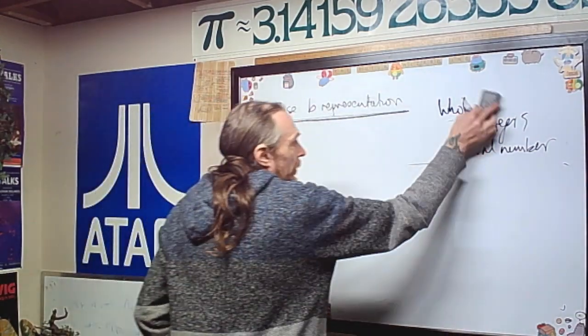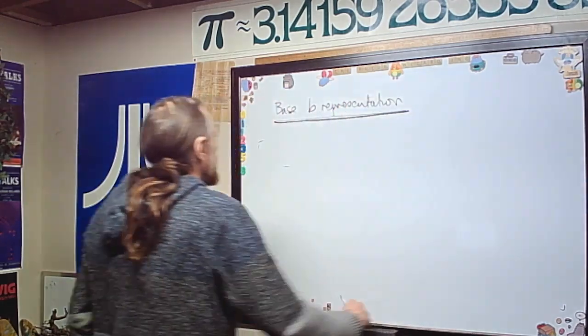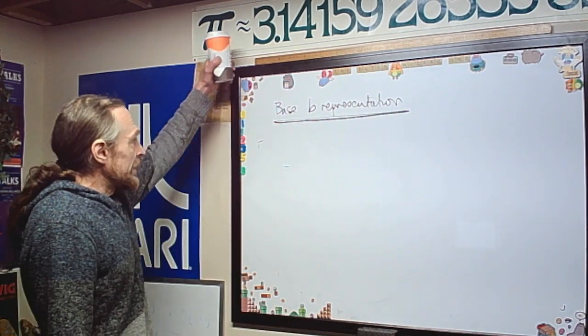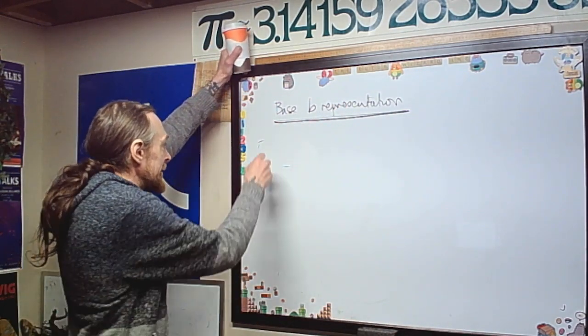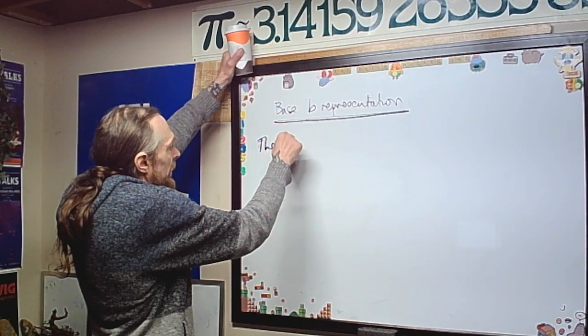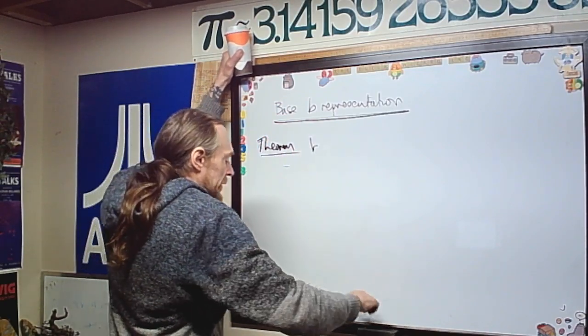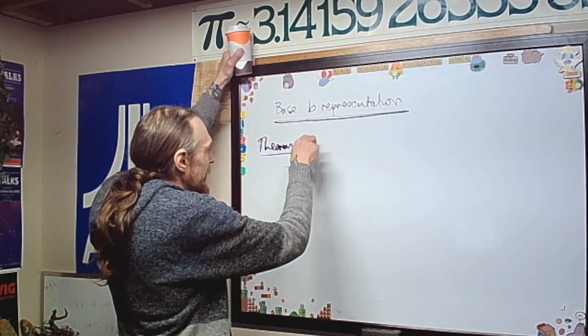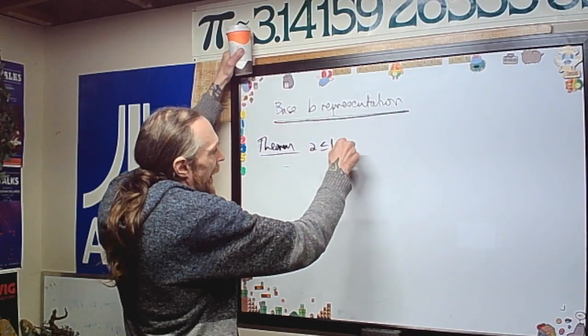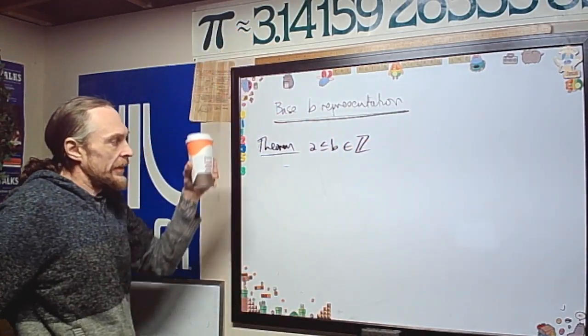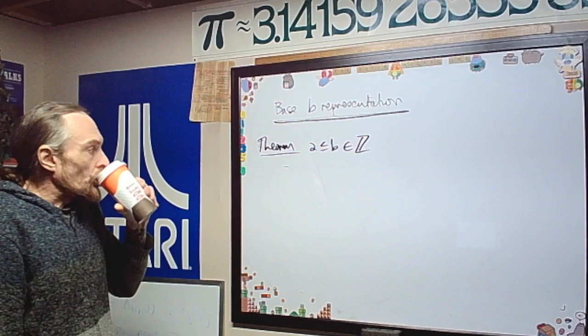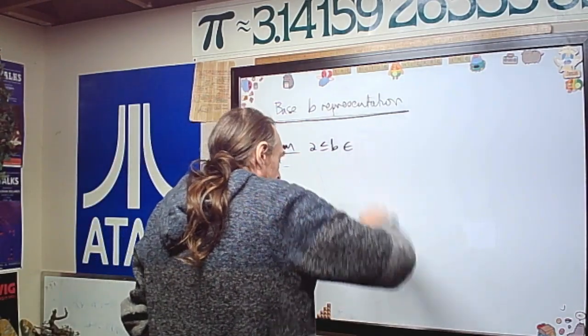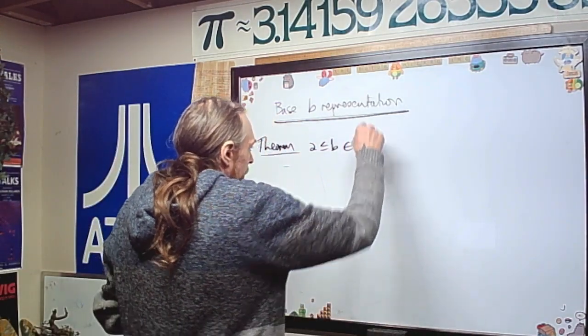Okay, so now what we want is to have a base B representation. The theorem: let B be at least 2, in the natural numbers.